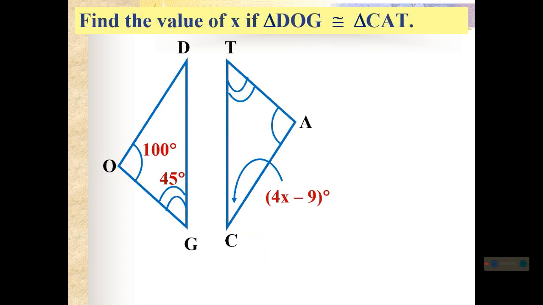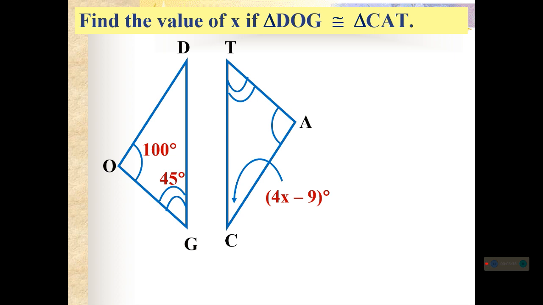We also discussed how to find the value of x. Let's find the value of x if triangle DOG is congruent to triangle CAT. From the given figure, we have the given measures of angle O and angle G, and on the second triangle we have angle C. How are we going to find the value of x here?